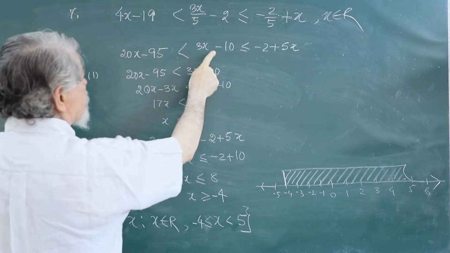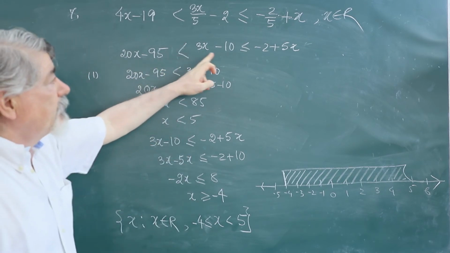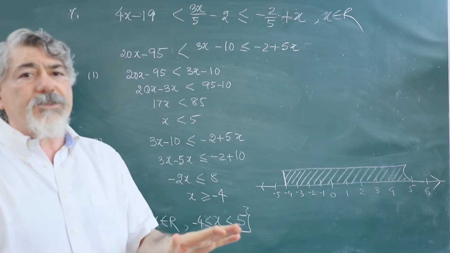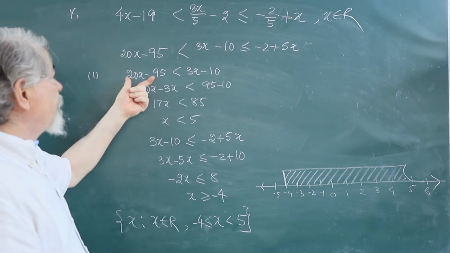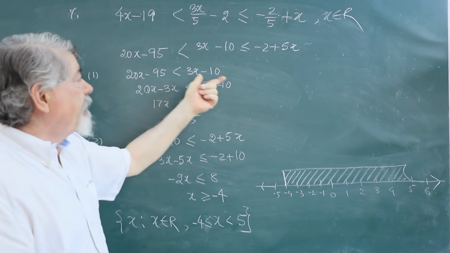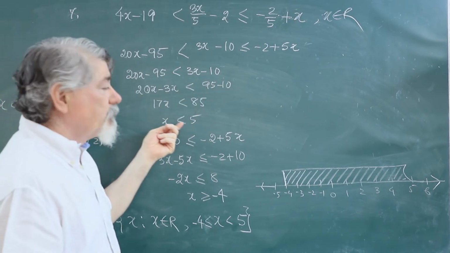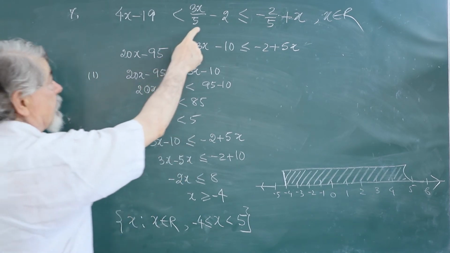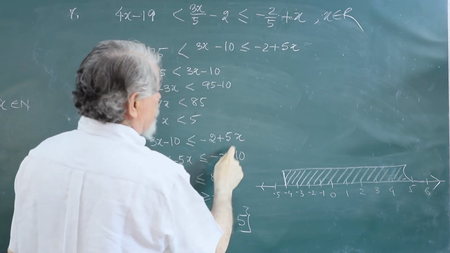Now we take the first two, 20x minus 95 less than 3x minus 10. I'll shift the x term to one side and the constant term to the other side, like you do in an equation. We shifted 3x to this side and 95 to that side. 17x is less than 85, so x will be less than 5. 17 5s are 85. Then we took the second and third, 3x minus 10 less than or equal to minus 2 plus 5x.